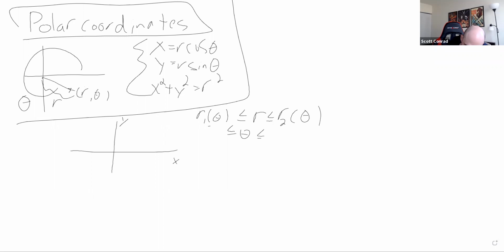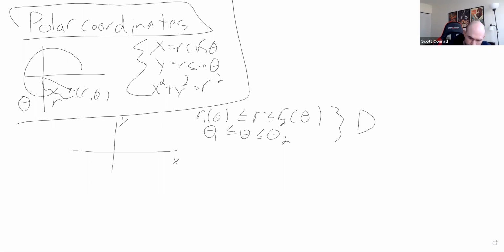And theta lies between, say, theta 1 and theta 2. So instead of having r lie between two numbers and theta lying between two numbers, now we have r lying between functions of theta and theta lying between numbers. We don't ever do theta lying between functions of r, because that's not something that's nice to deal with, really.